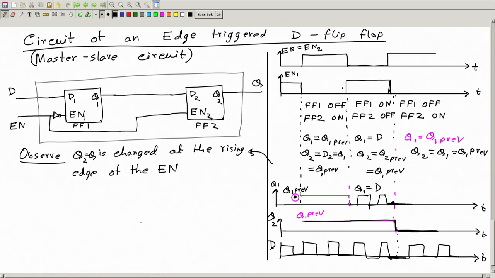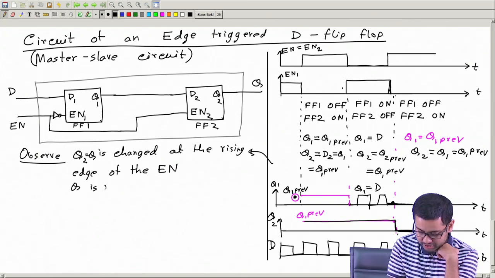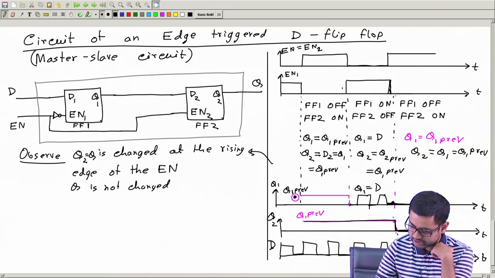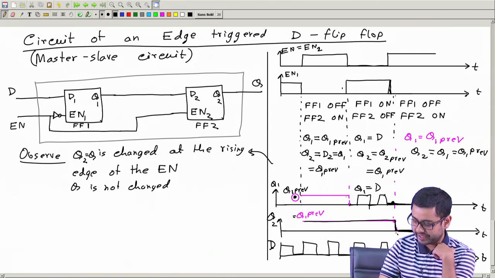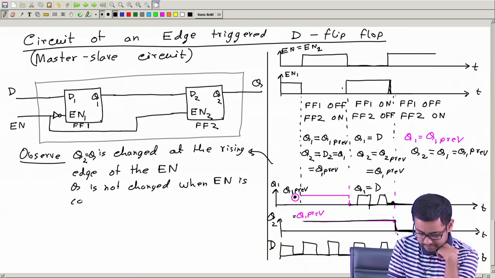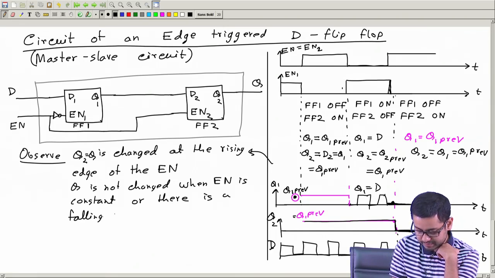And Q2 is not changed when enable is constant equal to 1 or equal to 0, or even when there is a falling edge, negative edge at enable.